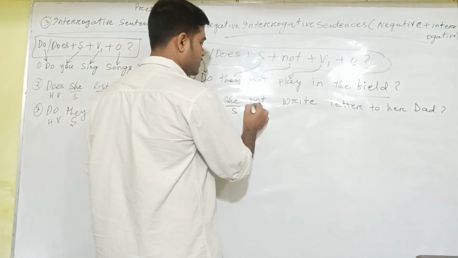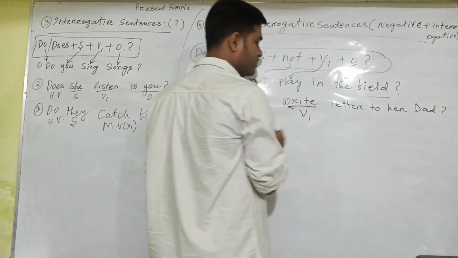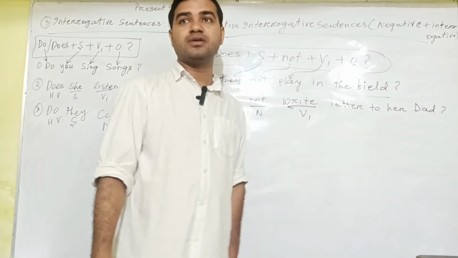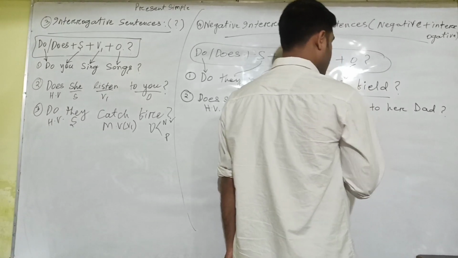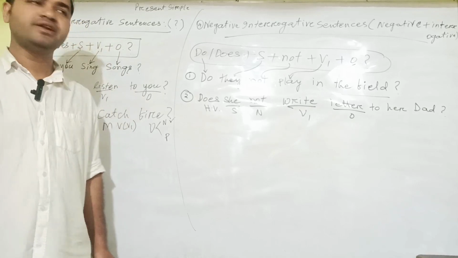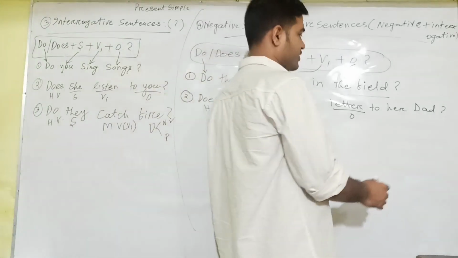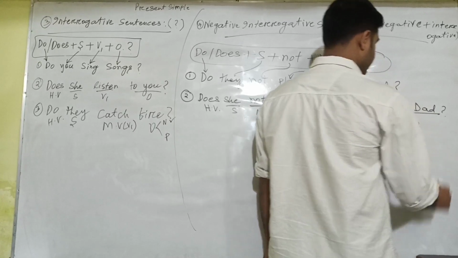Here is the subject. Here is the word for negation, to make it negative. Here is the V1 form, so it is the main verb. Here is the object. We can have more than one object in a sentence. These are also objects. Her dad, object 1, object 2.